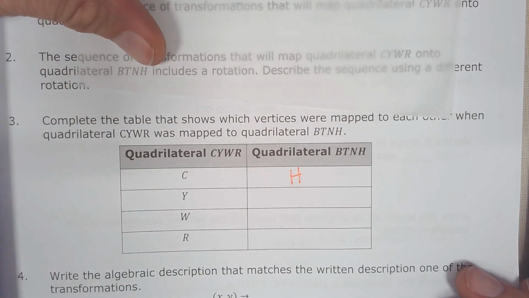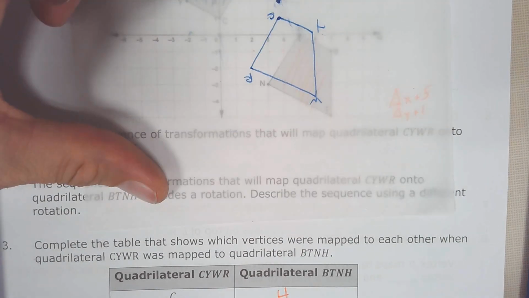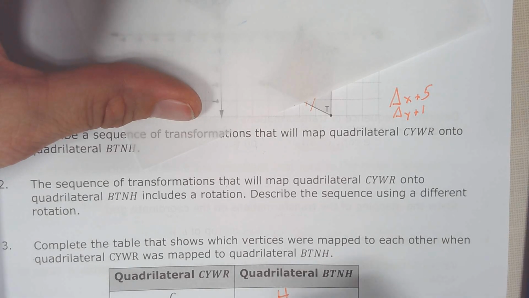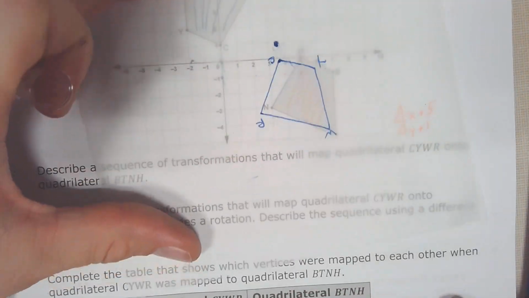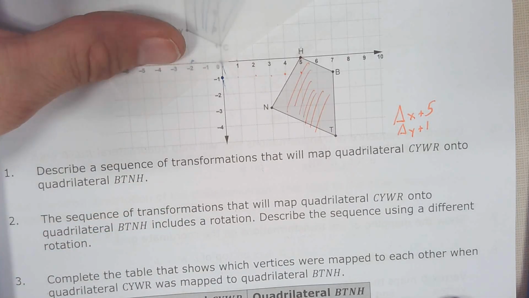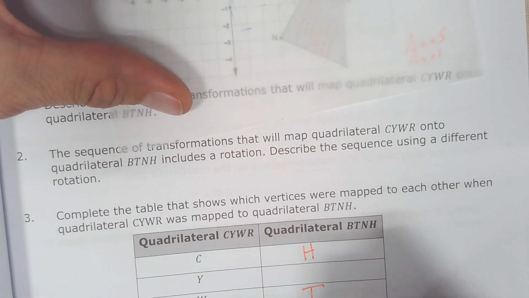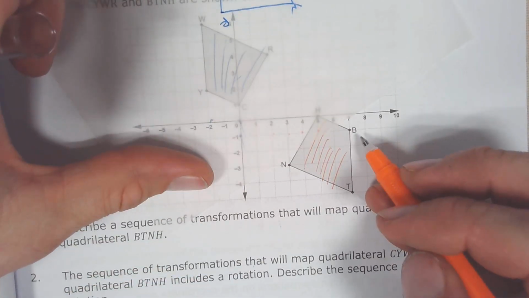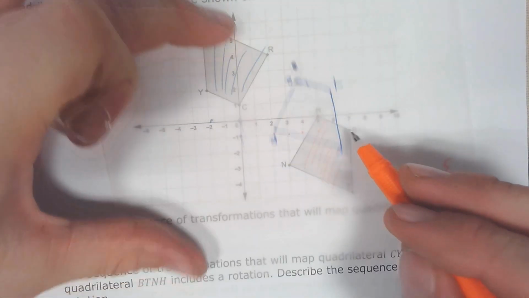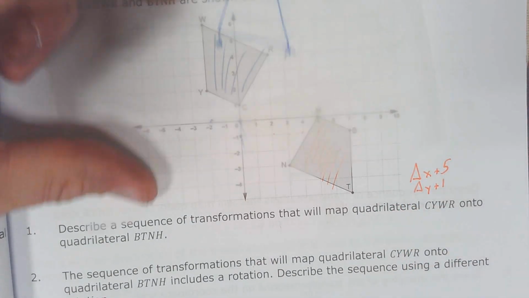My W lined up with T, W lined up with T. My N lined up with R, R lined up with N, and then my Y lined up with B. My patty paper sure is a useful tool.